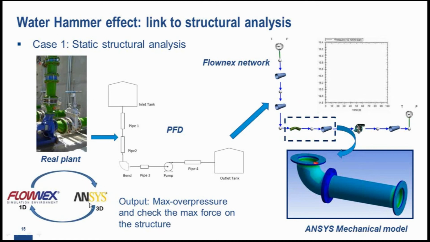So Flownex has a partnership with ANSYS, so it's able to make a direct link from the forces that are calculated on a bend, for example, to the 3D model of a bend, and you are able to, let's say, calculate in an ANSYS Mechanical model the maximal pressure and see if this maximal pressure is sustainable with this kind of bends and, let's say, the structure that is around the bend that fixes the bends on the ground.